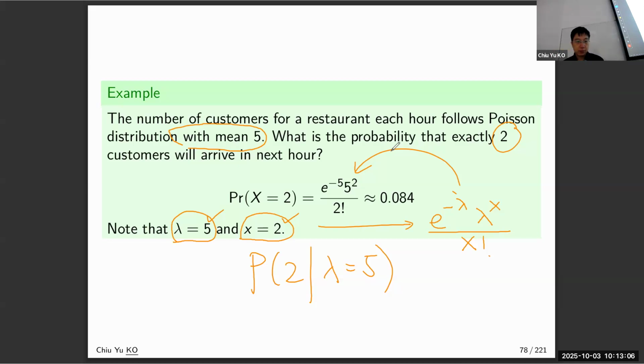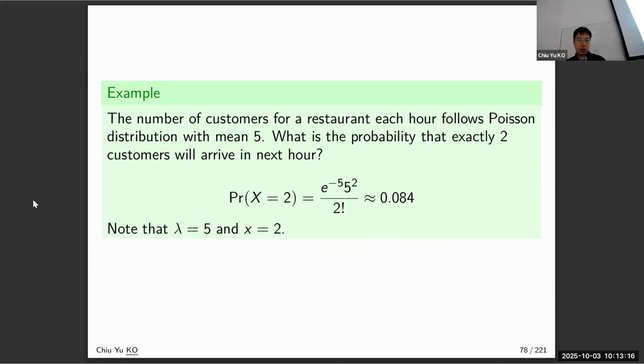So probably you ask why we care about exactly 2 customers would come. Well, because you can also calculate how likely it is that you have 0 or 1 customer, and so on and so forth.